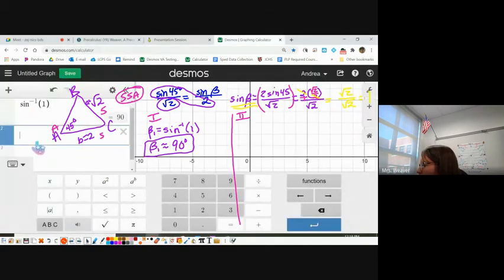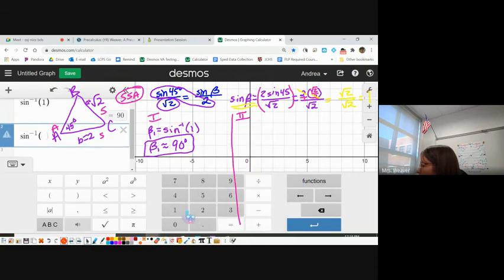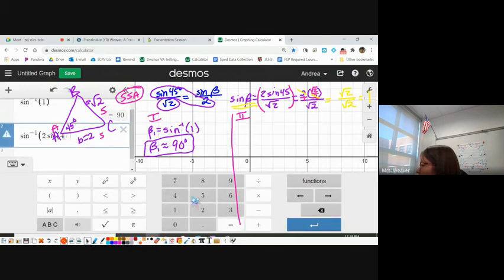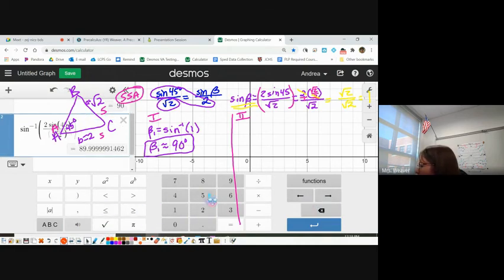So sine inverse of 2 sine 45, close the parentheses, divided by square root of 2, scroll out of the square root and then close that parentheses, and then scroll out of the fraction and close that parentheses.